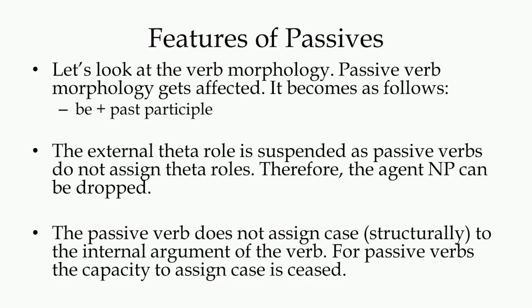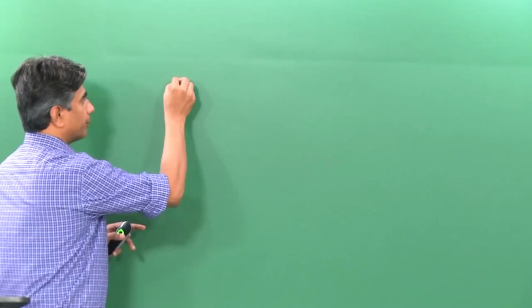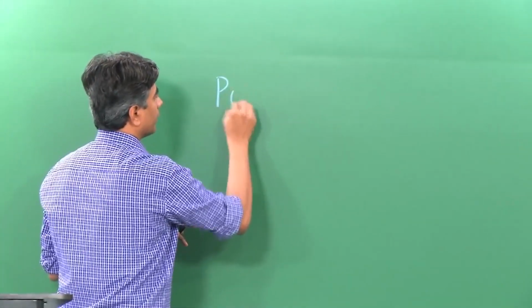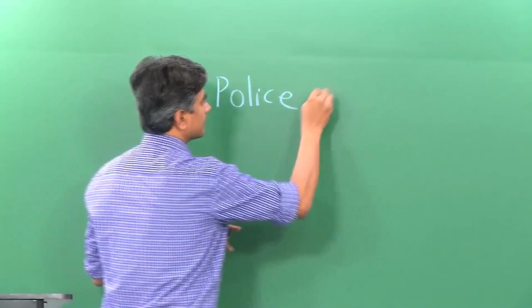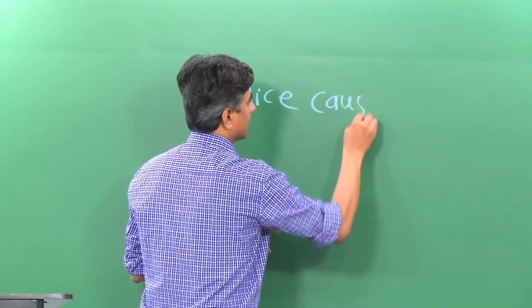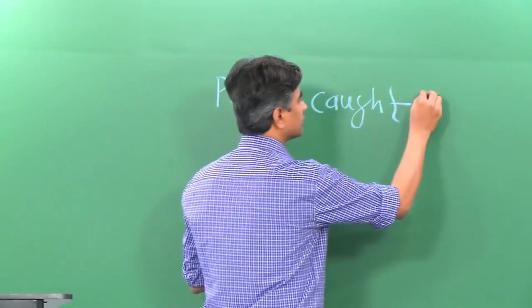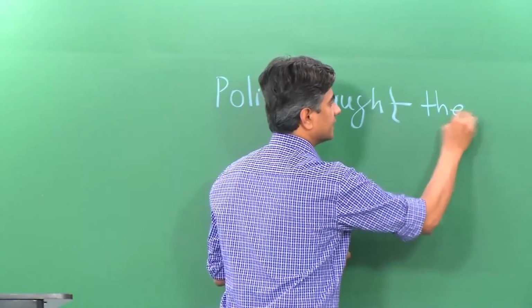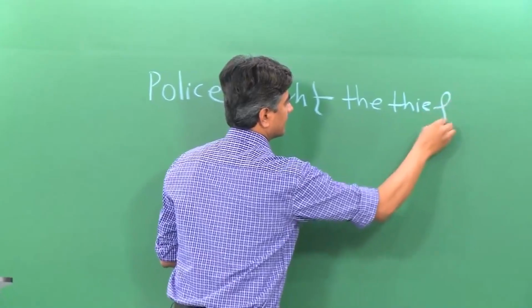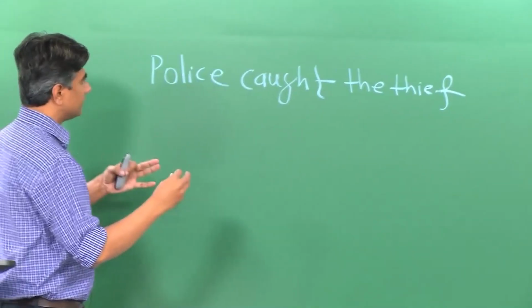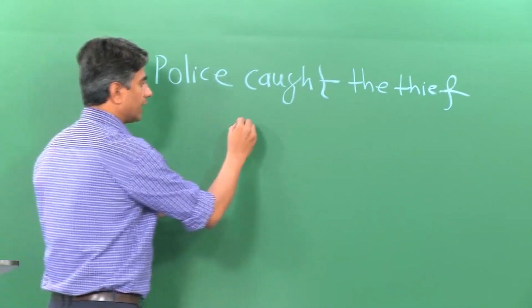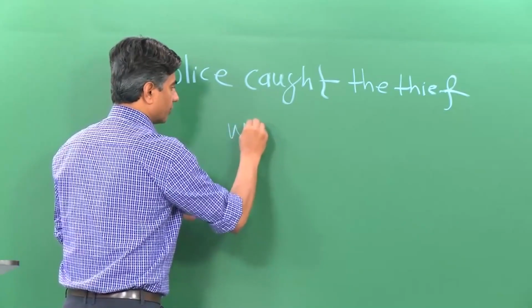So it's a very interesting phenomenon. What happens is very simple. Police caught the thief. What we are saying in the passive, what happens is we get the verb like this.